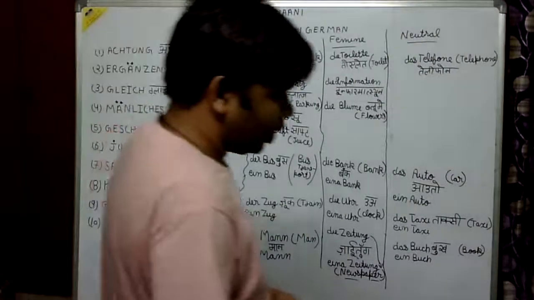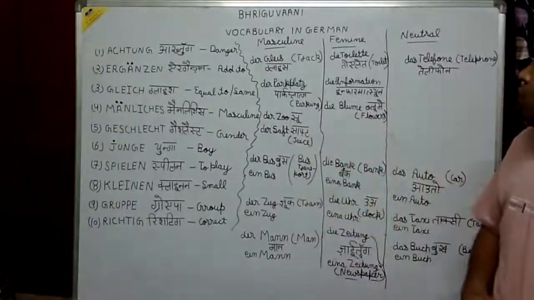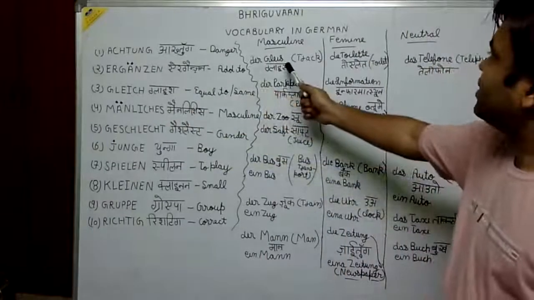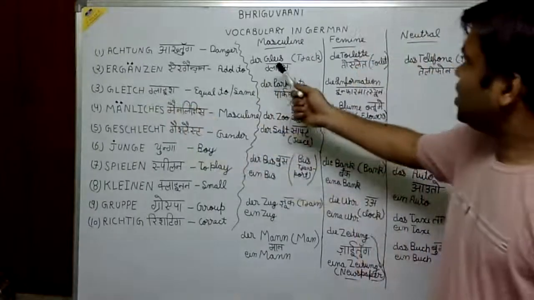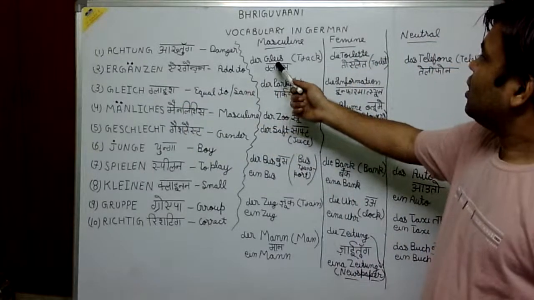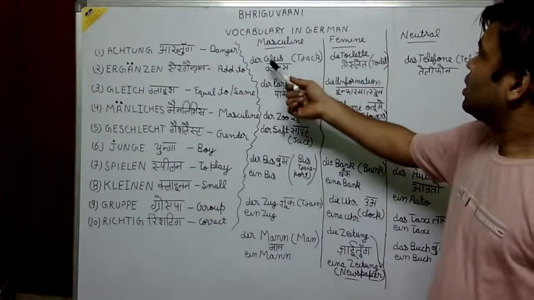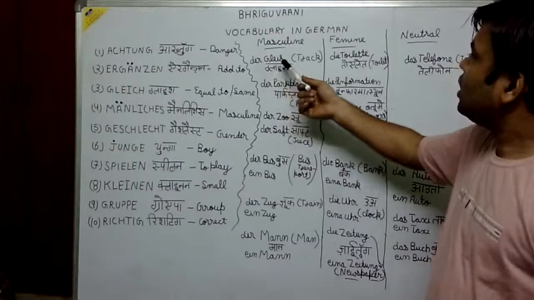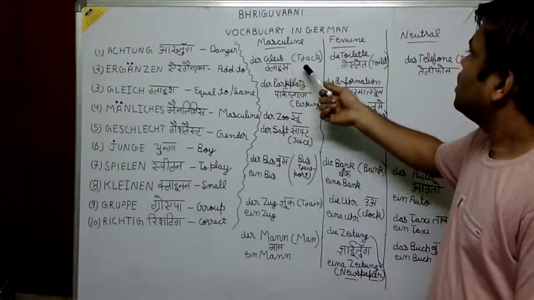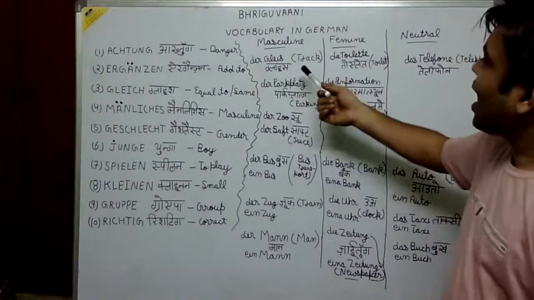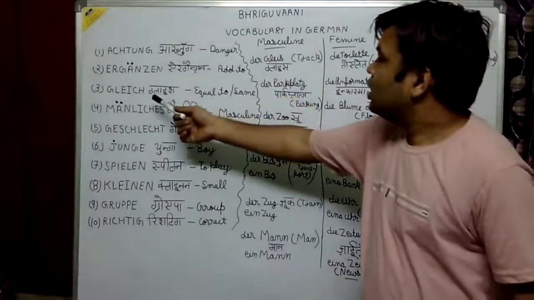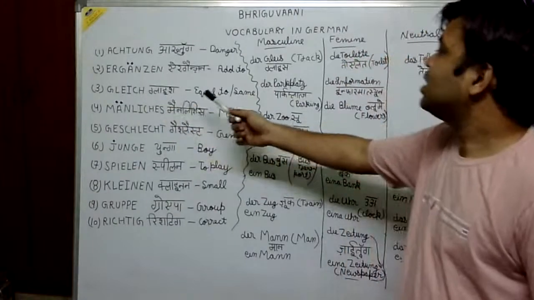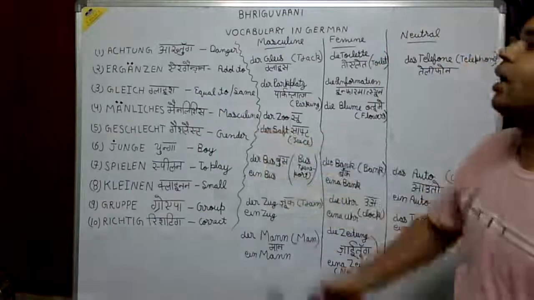So here, note one thing. We have two words, Glas and gleich. Here the spelling is G-L-A-S. Glas means glass. But when we put an ich at the end, it becomes gleich, and the meaning of gleich is equal to.